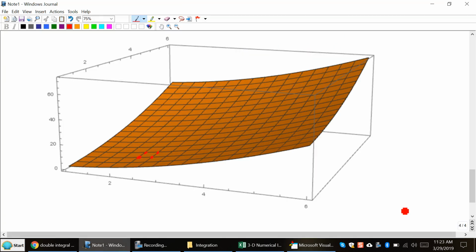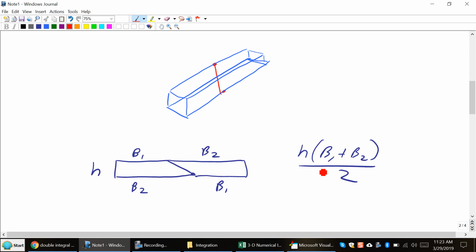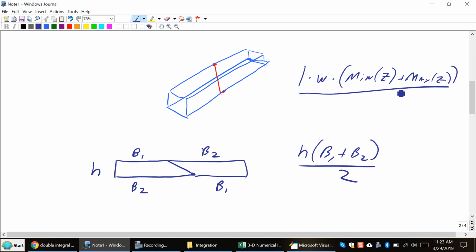Like I just showed you, the area of a trapezoid is this, so the volume of this rectangle, or this half cube, will just be L times W times min Z plus max Z divided by 2.